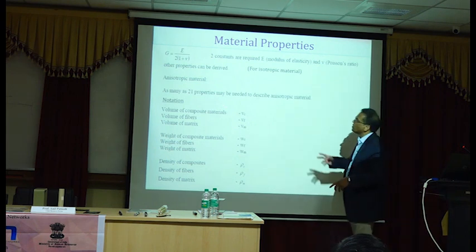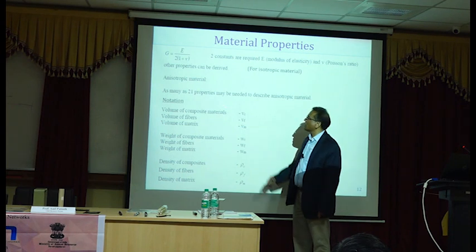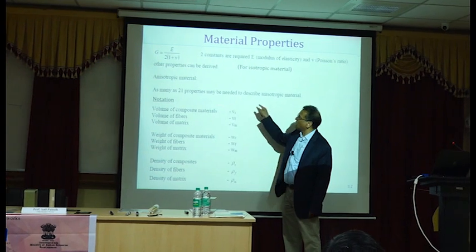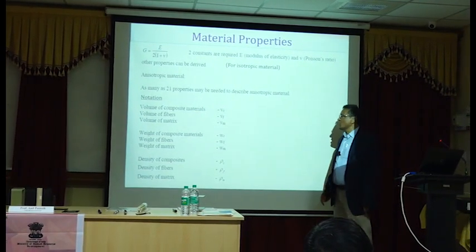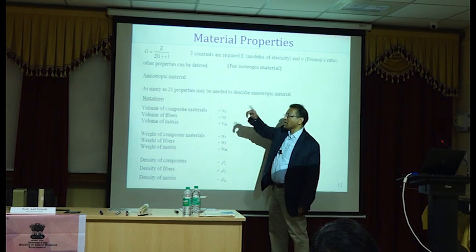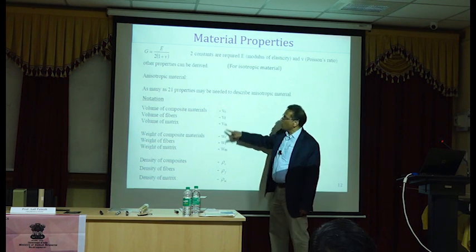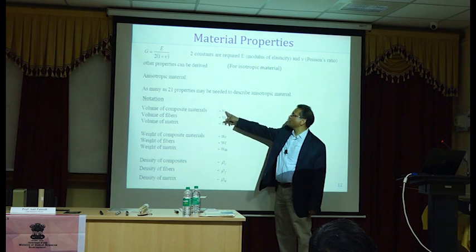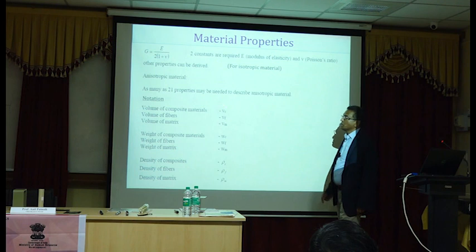I will use volume of composite material, that is, if you are considering 1 unit of the composite material, that volume is lowercase v. That's a lowercase v, not capital V, just small v. Volume of the fiber, V sub f, this is V sub c, and for matrix it is V sub m. So that's the volume.